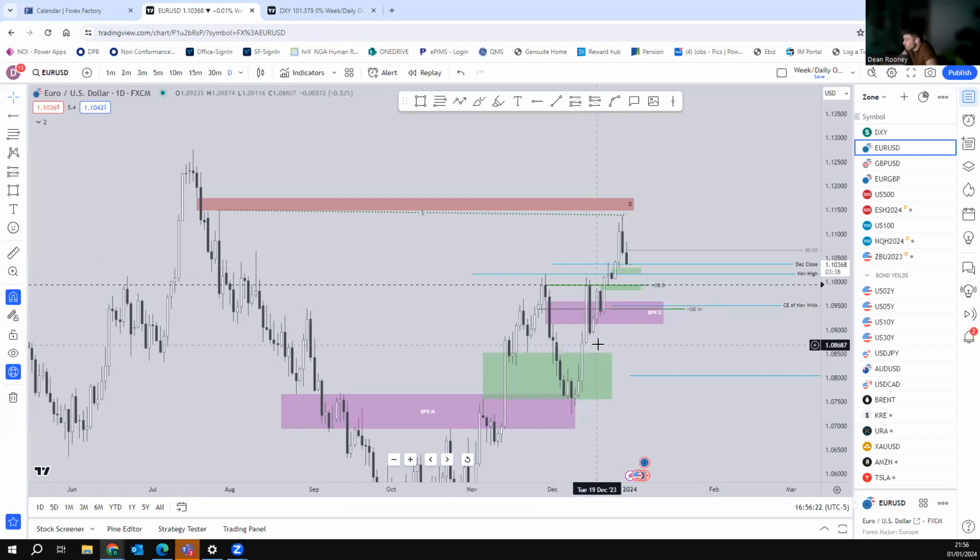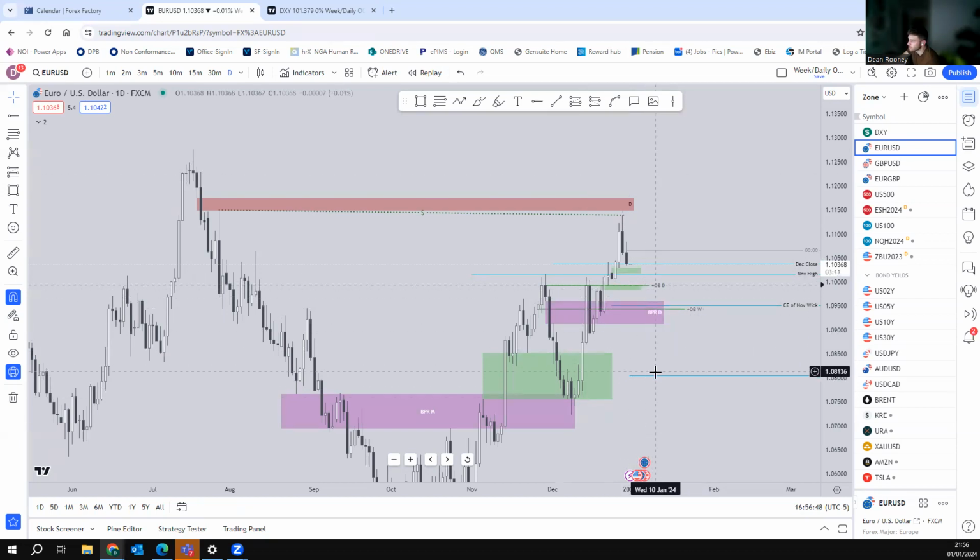So it would maybe want to come this low, but then you've got to look at the hierarchy of PD arrays. You've got bullish order blocks in here on the daily. You've got a bullish order block on the weekly. If I went back to the weekly, you would see that. So there are other things that probably should support price before it gets this low.